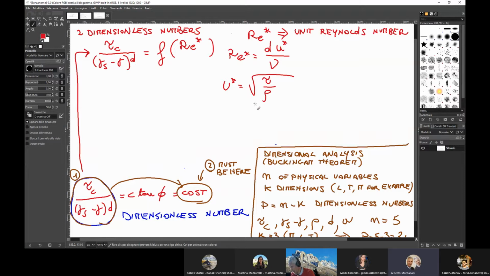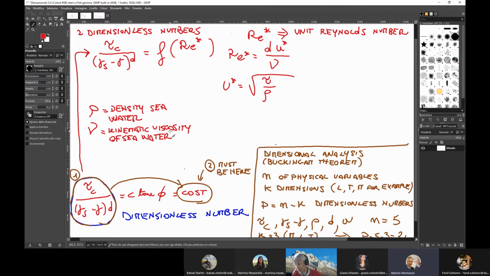And the rho is the density of seawater. Seawater, perfect. And then nu is the kinematic viscosity of seawater. And I think that everything else is known.